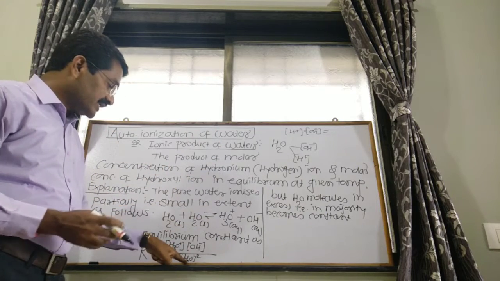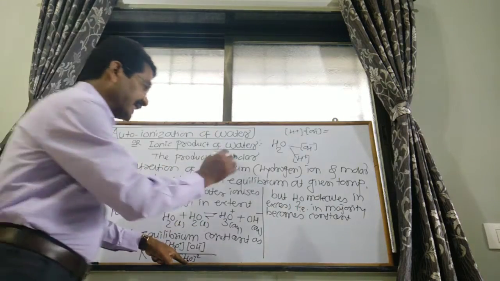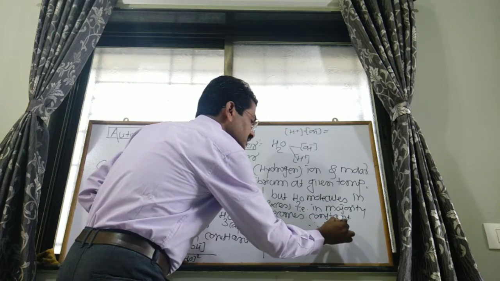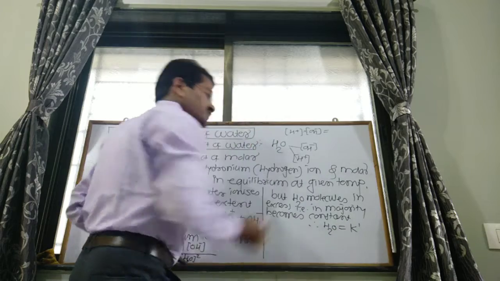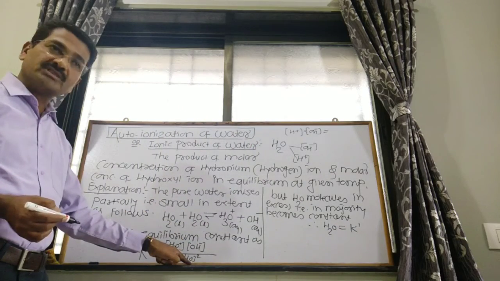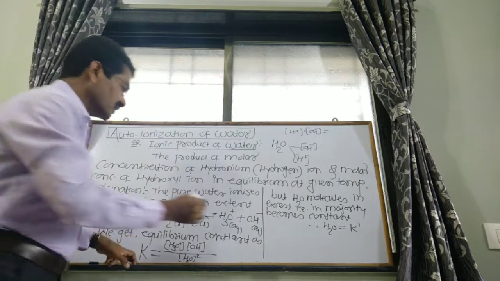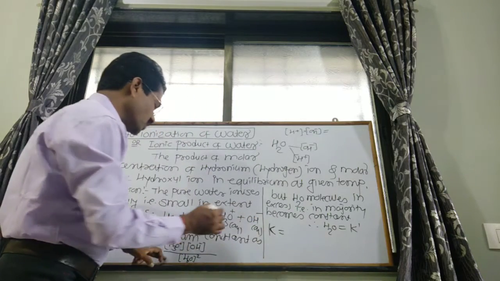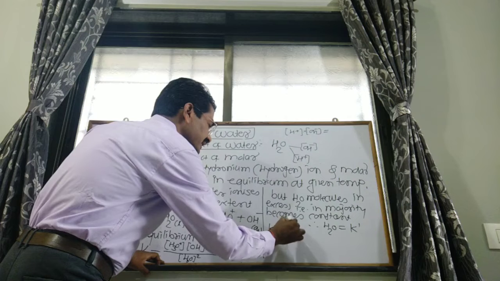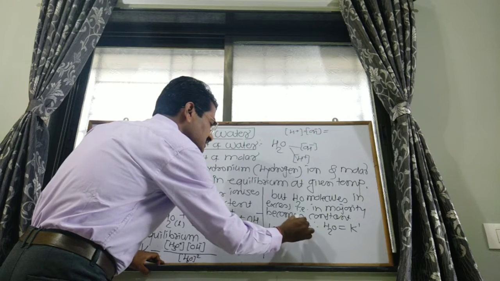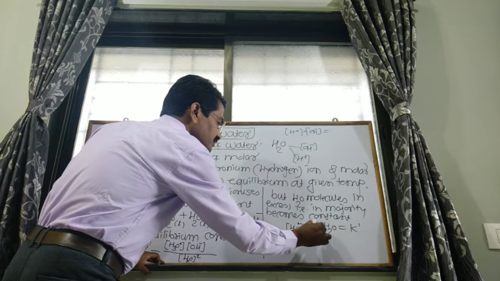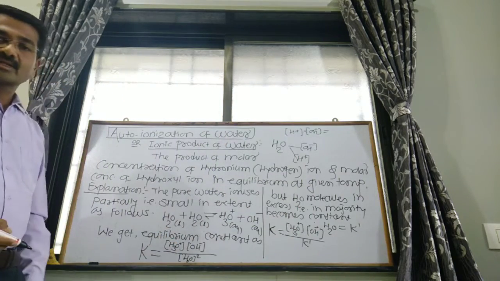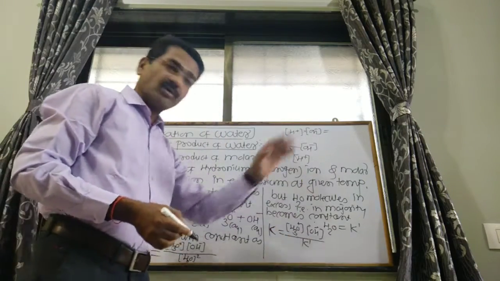So another constant is obtained here, K dash. Therefore, H2O is equal to K dash. Then we get K is equal to the concentration of H3O plus times the concentration of OH minus divided by K dash. This K dash is the H2O molecules.